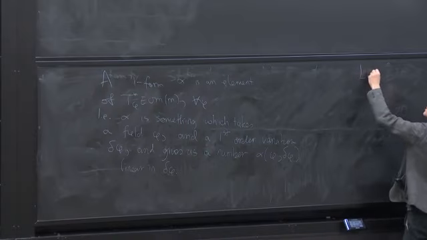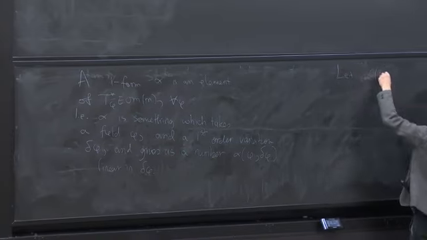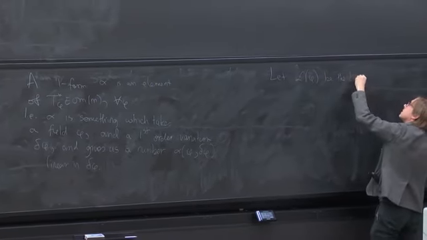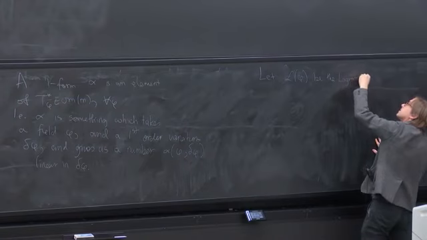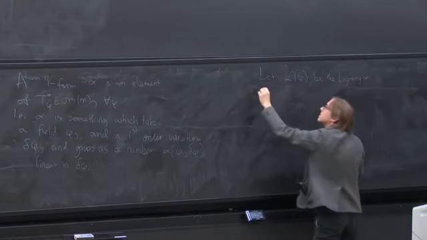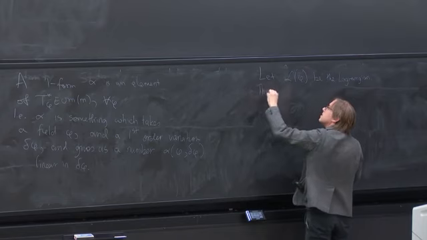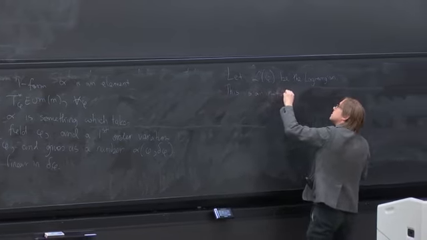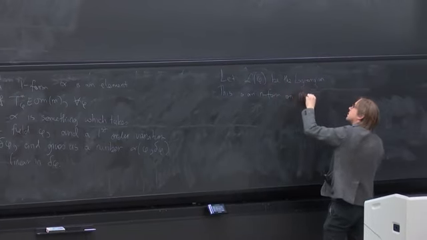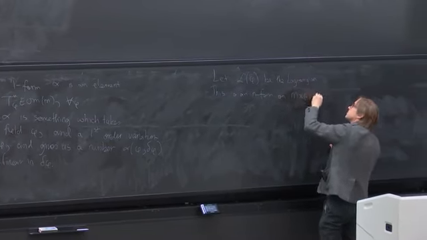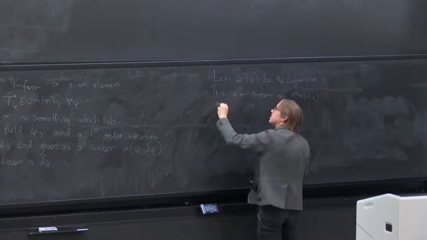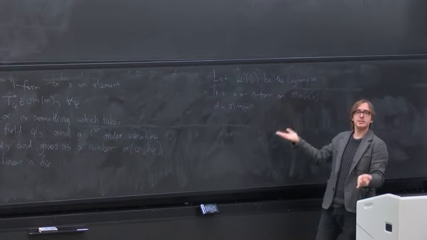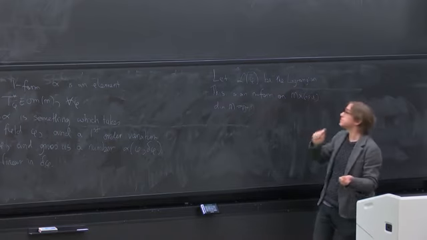We let L of phi be the Lagrangian. I'll give you some examples in a minute, so for now I'll just keep it abstract. This is an n-form on M times the interval, where the dimension of M is n minus 1, because it's the Lagrangian density. It's something I can integrate over spacetime.